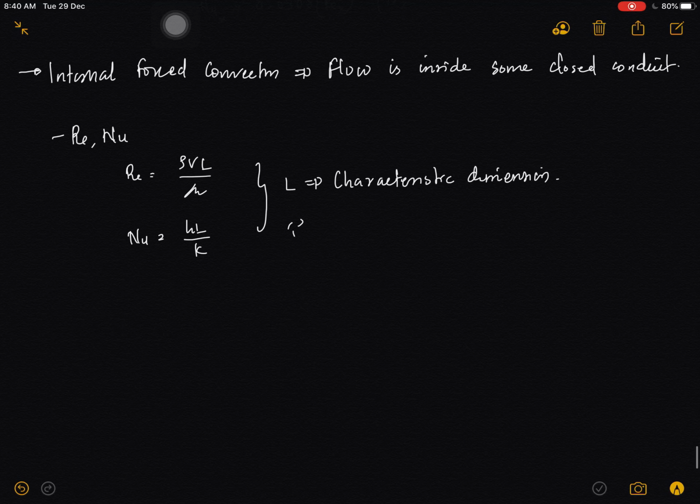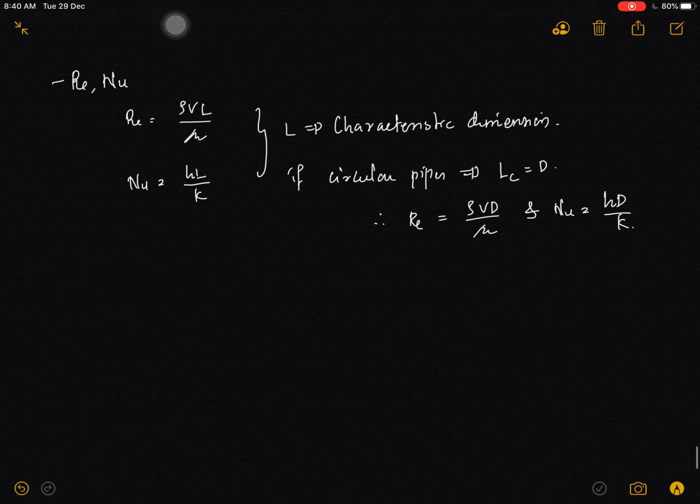If we have circular pipes, then this characteristic length L_c will be the diameter. Therefore, we can write the Reynolds number for circular pipes as rho v d by mu, and the Nusselt number as hd by k.